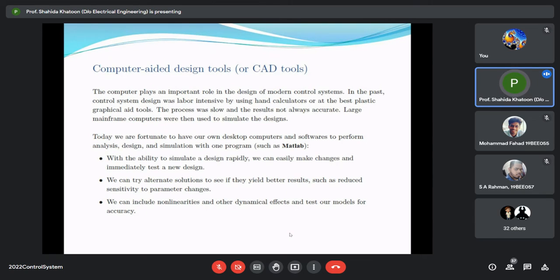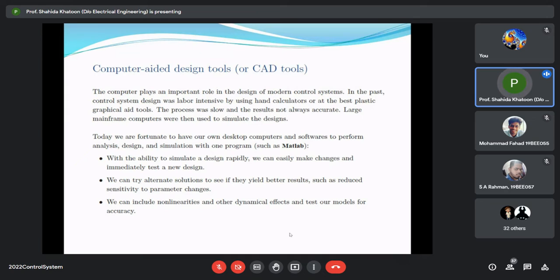The computer plays an important role in the design of modern control systems. In the past, control system design was labor intensive, using hand calculators or, at best, plastic graphical aid tools. The process was slow and the result was not always accurate. Large mainframe computers were then used to simulate the design. Today we are fortunate to have our own desktop computers and software to perform the analysis, design, and simulation with one program such as MATLAB, for example.